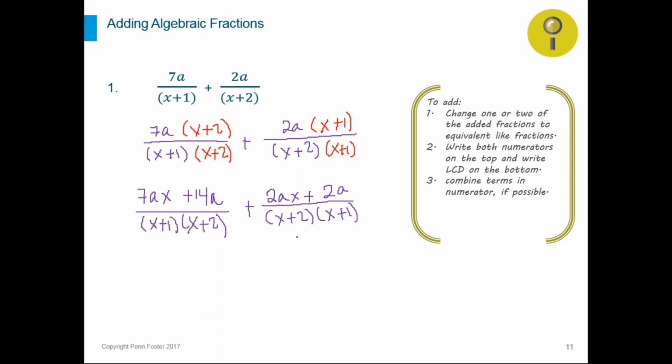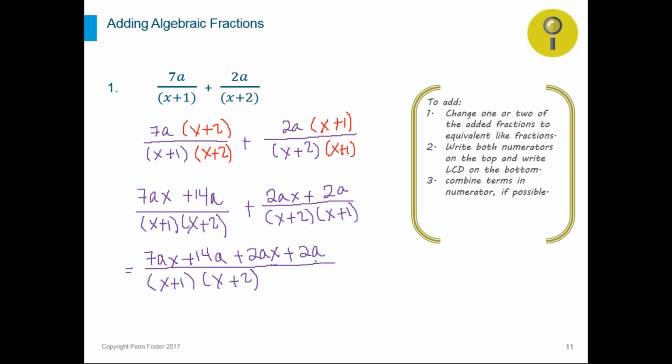Since we're adding and the denominators are the same, I am able to write my answer as is. I'm going to keep it in one fraction, write down the common denominator, the LCD, once, and then write a big numerator that combines both numerators: 7ax plus 14a plus 2ax plus 2a.